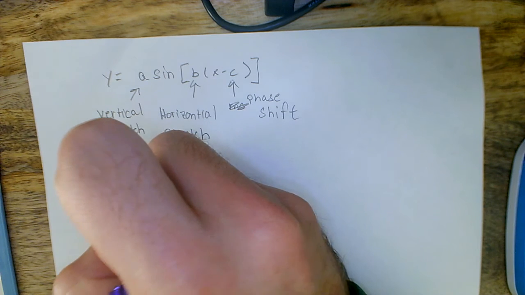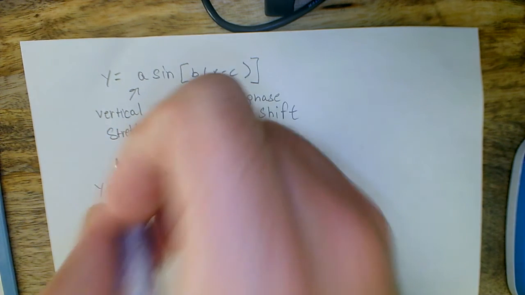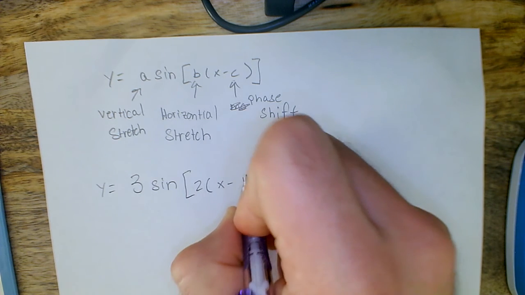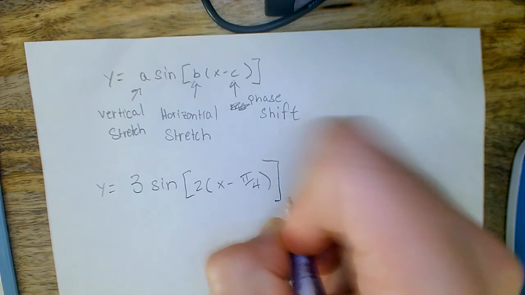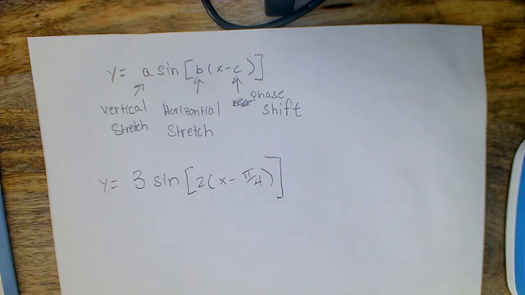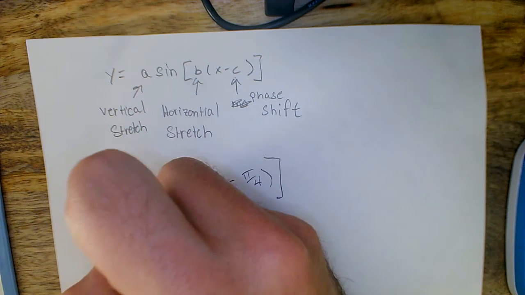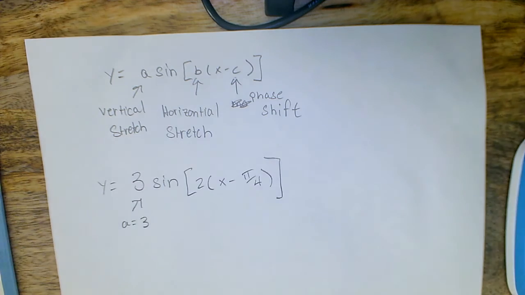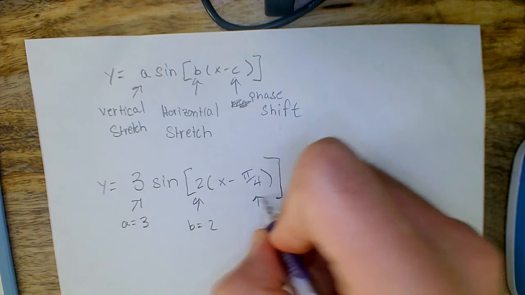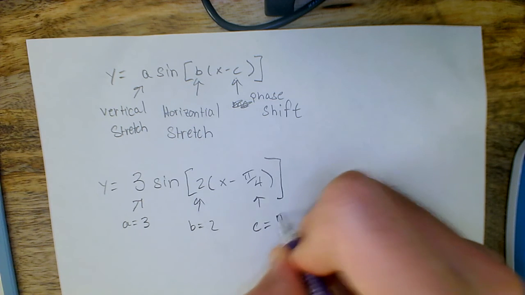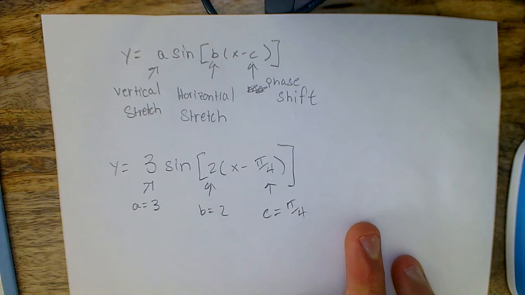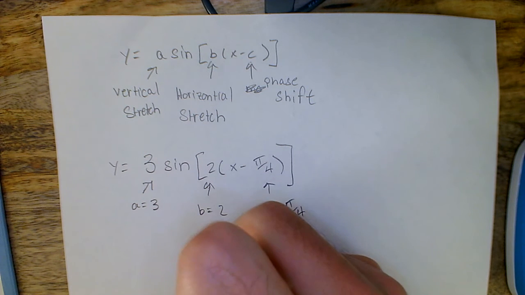So if I wanted to graph y equals 3 times the sine of 2 times x minus pi over 4, I first need to figure out my a, b, and c values. So a equals 3, b equals 2, and c is equal to pi over 4. So it's going to be shifted to the right pi over 4 units.